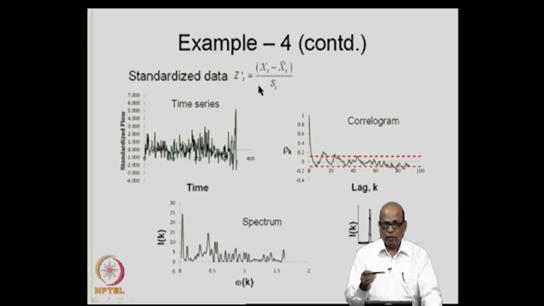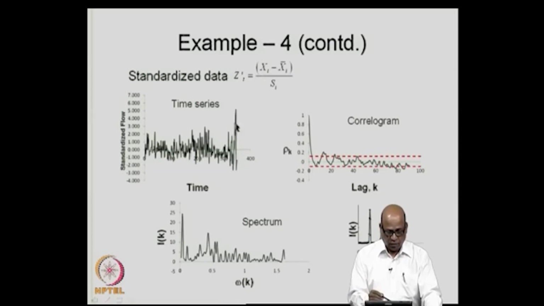So, in this case t goes from 1 to 348 and I goes from 1 to 12. So, corresponding to every t you have an association with the particular month in the year, and you are taking out the particular mean of that month and dividing it by standard deviation of that month.